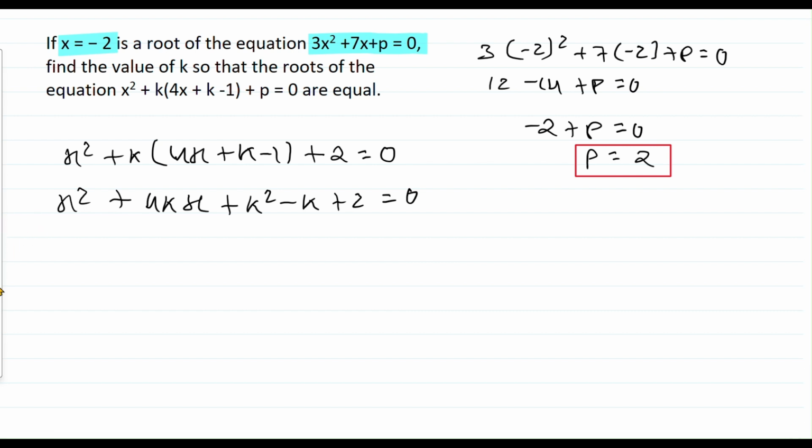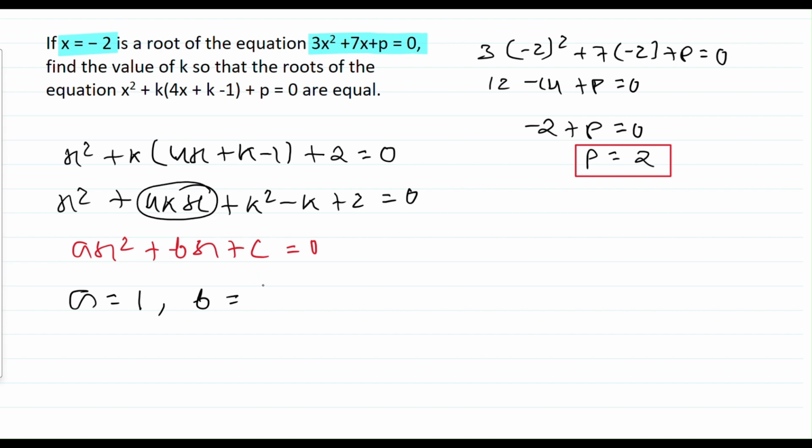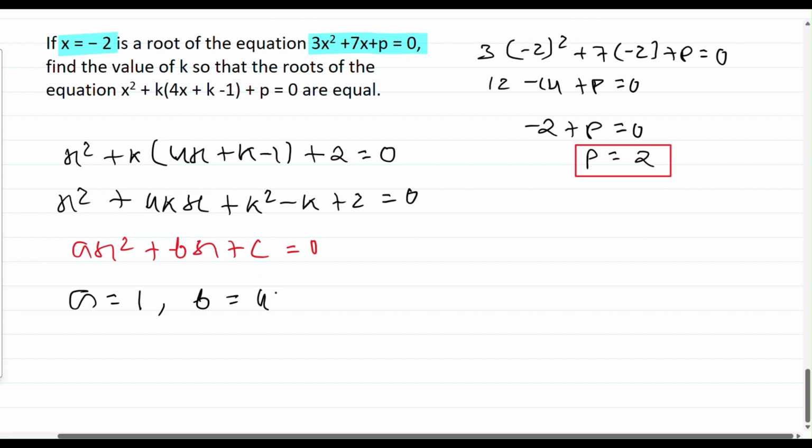Now you can compare this with the standard form, that is ax square plus bx plus c equals 0. So what is a here? A is the coefficient of x square, which is 1 in this case. B is the coefficient of x, which is 4k, and c is the constant term.